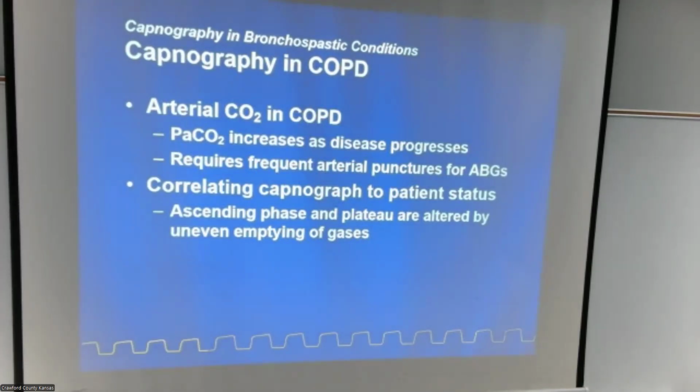The ETCO2 increases in the COPD disease process, which requires frequent arterial punctures or ABGs at the hospital. Even when they go to their regular family physician appointments, they always check their ABGs, especially if they're a bad COPD. They should anyway. Assessing the phase III plateau, it's altered by uneven emptying of gases.